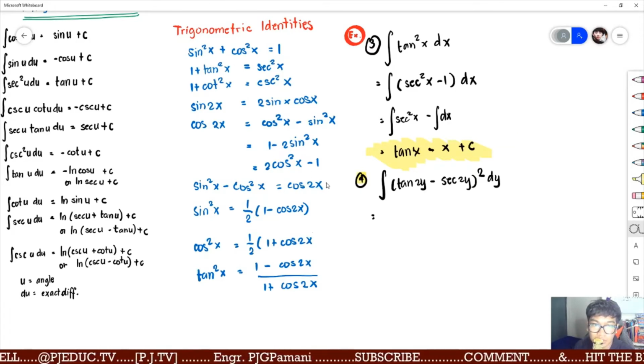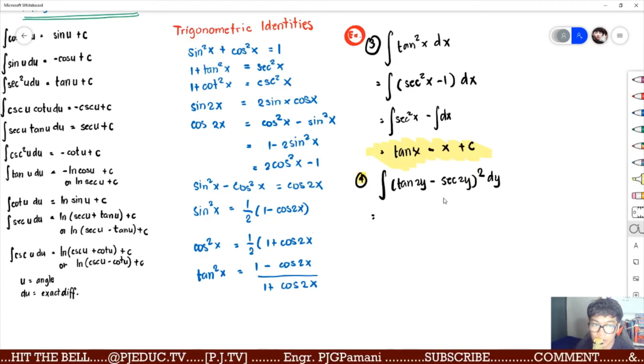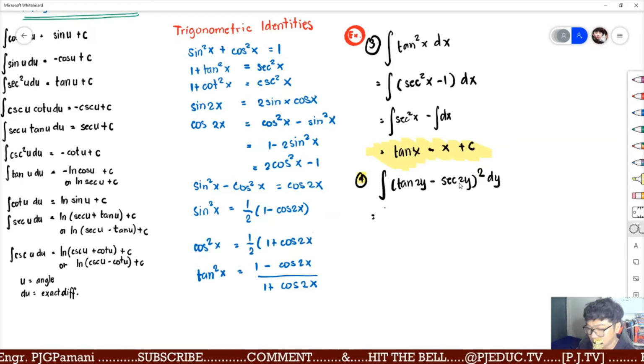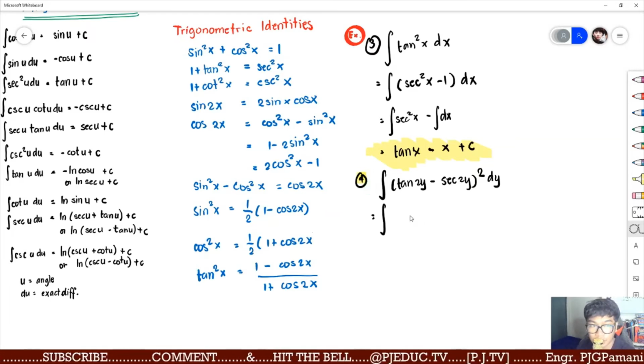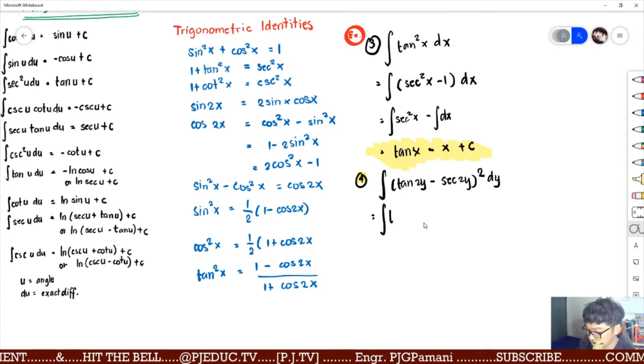We can't find it here, right? So basically, our only other option for this particular problem is to expand the term.